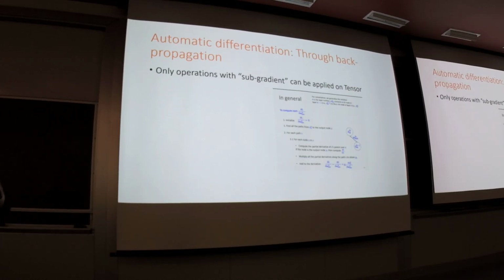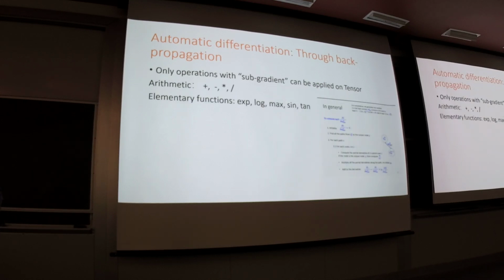But we don't need to know anything about this, because TensorFlow will take care of it for you. So basically, we need the differentiation. Every operation in TensorFlow you apply on a tensor should have some subgradient. If there is no gradient for the operation, then there's no differentiation.